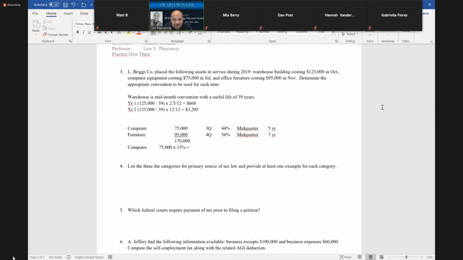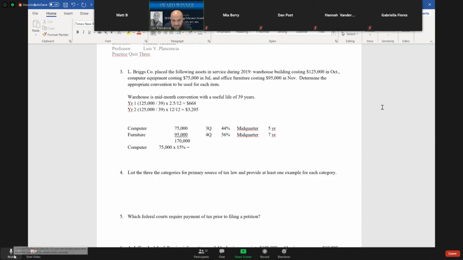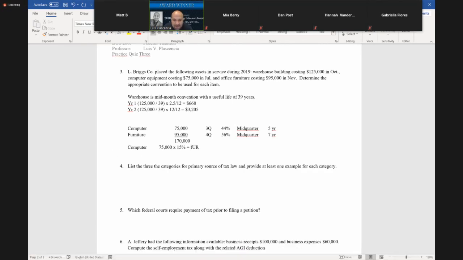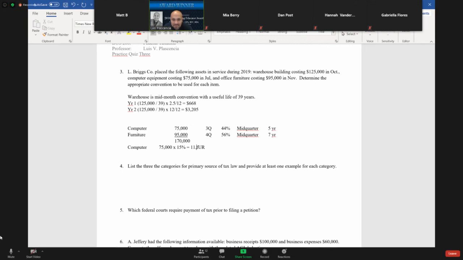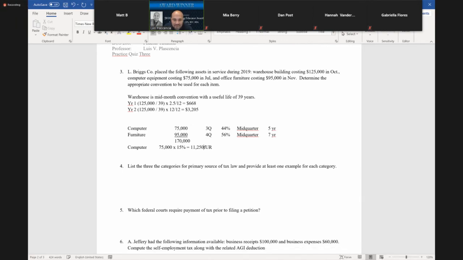You guys are accountants. My calculator is here somewhere. 11,250. Thanks for not using cents.